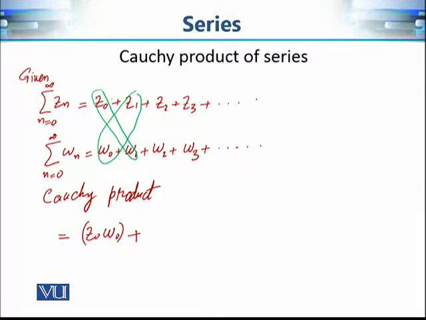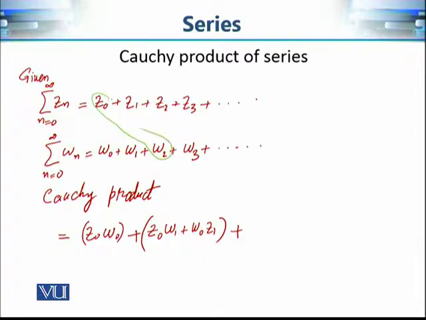The next term is going to be the sum of all terms such that in each term the sum of the indices is 1, which means Z0 W1 plus W0 Z1. Plus the next term is going to correspond to the value 2. In other words, we write down all the terms such that the sum of the indices is equal to 2.